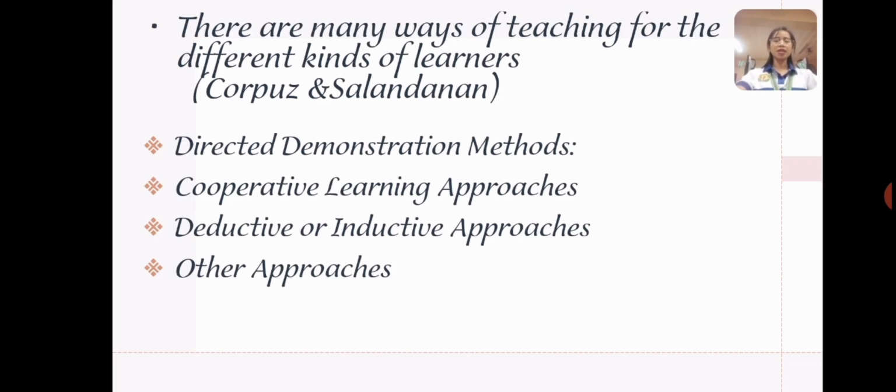Next one is the cooperative learning approaches. Example of this approach is that a teacher pairs a slow learning student to a fast learner student.